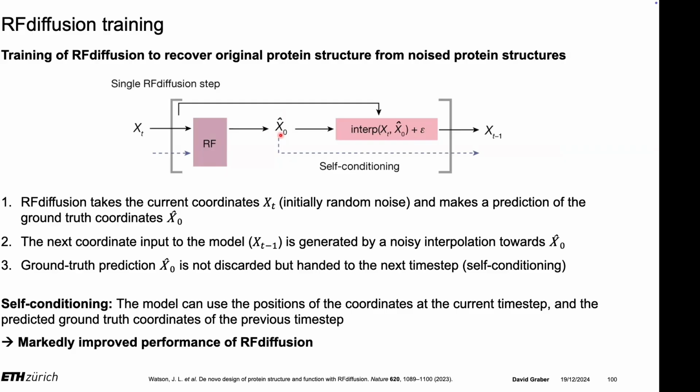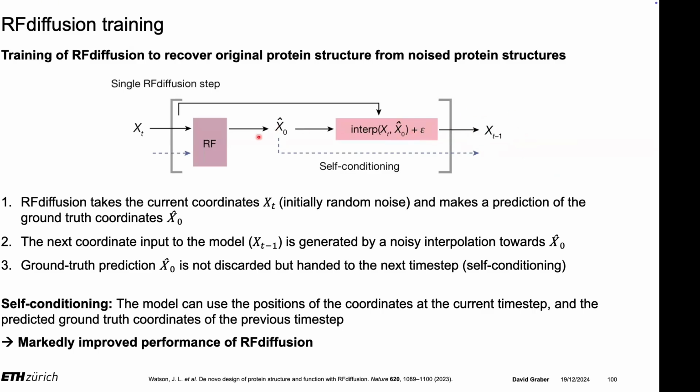And then, given this neural network output, the input to the next denoising step is not this prediction of the ground truth structure, but a noisy interpolation towards this prediction. So each step basically gets a current set of coordinates, which can be this noisy interpolation towards the prediction of the previous time step.